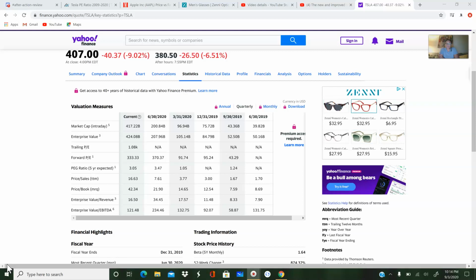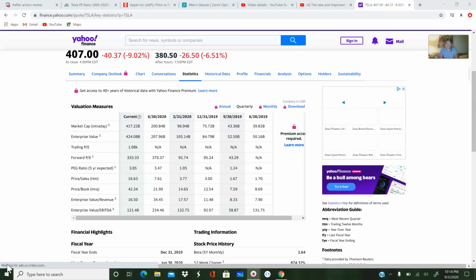I want to take it a little bit deeper than that and have you guys think about how PE ratio can be influenced. When you think about the calculation that I just gave you for PE ratio, just simple basic mathematics, you know that one thing that can increase the PE ratio is the numerator, that being the share price, outpacing the growth of the denominator, being the earnings per share.